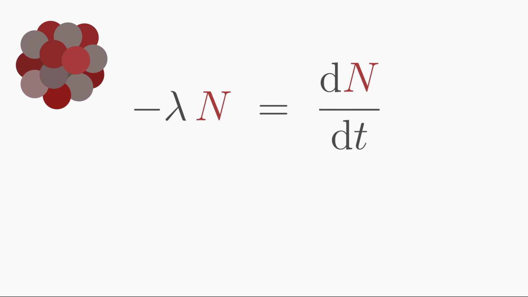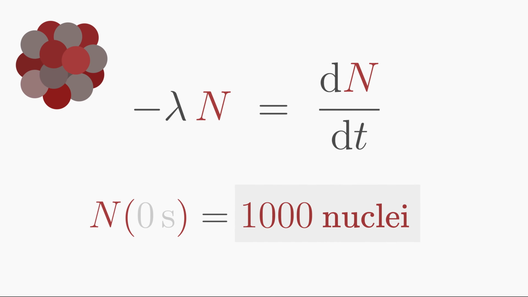For a first-order differential equation, a single constraint is necessary, namely a function value of the search function. For the radioactive decay law, for example, it should be stated how many not yet decayed atomic nuclei were present at the time t equals 0. For example, 1000 atomic nuclei at time t equals 0.